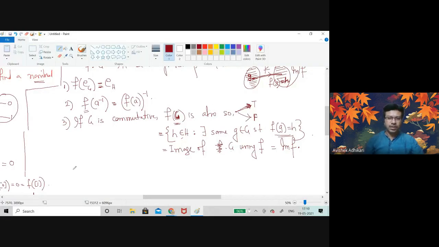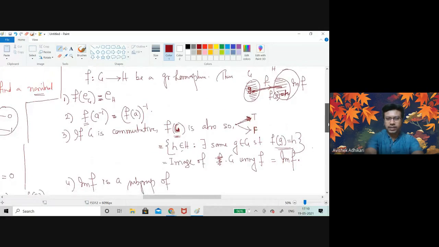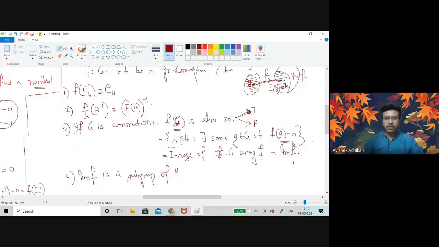So the first thing is that the image of f is a subgroup of H. And then, if G is commutative, the image of f is also commutative, and that is true. Okay, let us try to prove this.